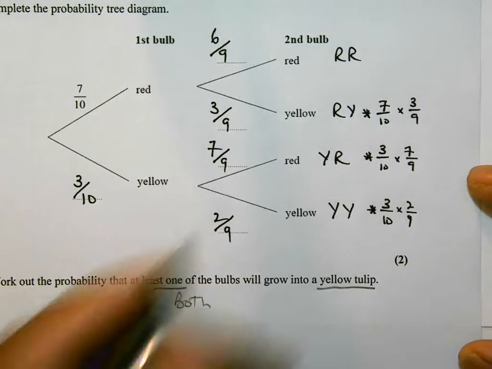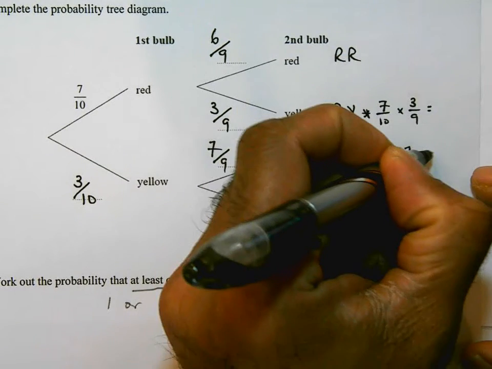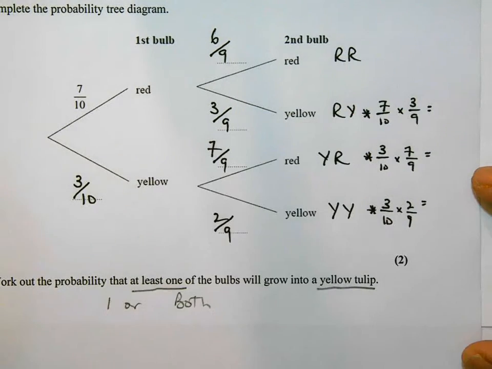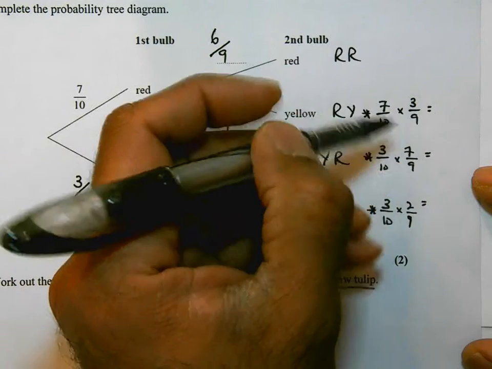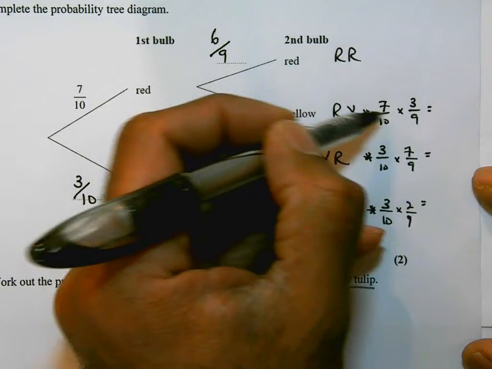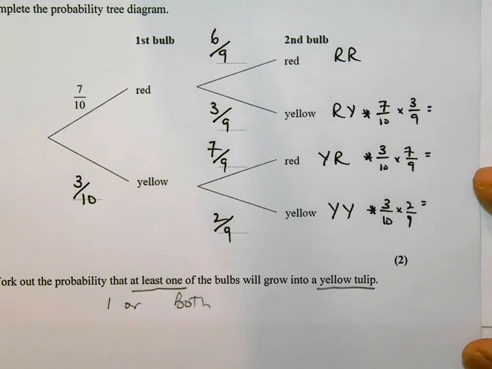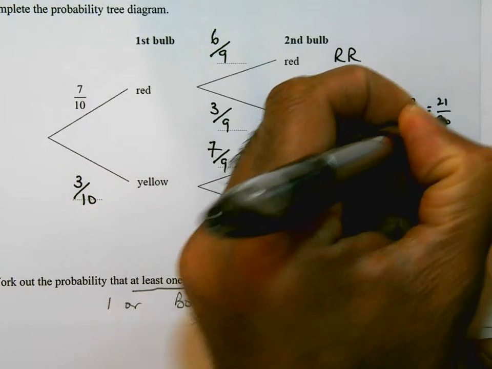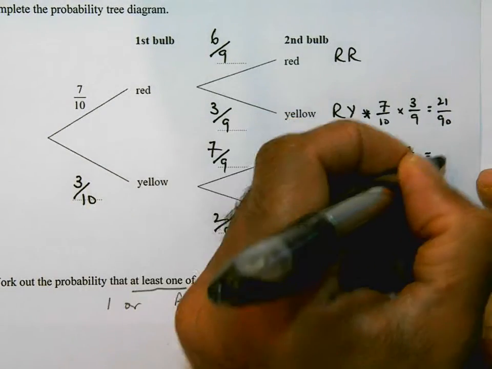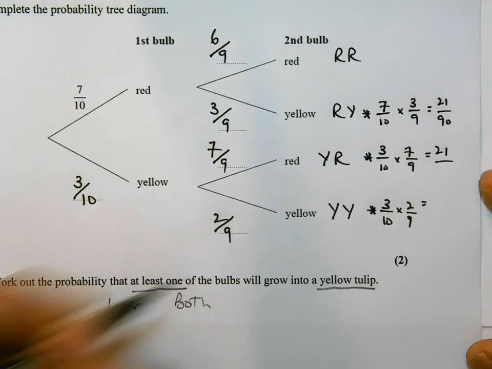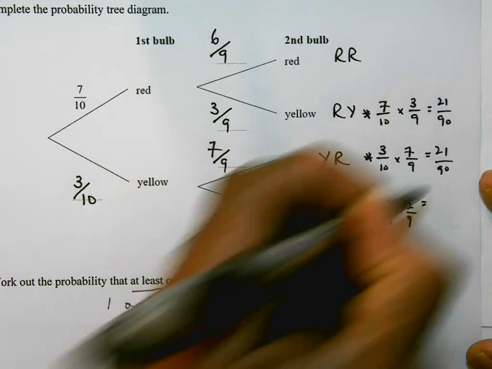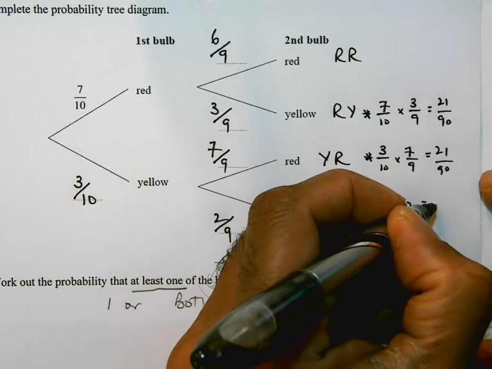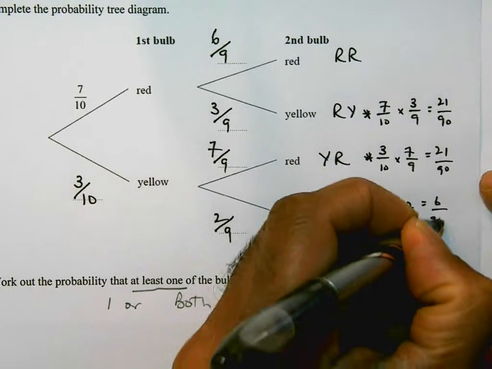Those are the probabilities that I need to multiply together and then add them all up. So 7 over 10 times 3 over 9, remember, times the numerators, times the denominators, I'll get 21 over 90. The next one, 3 times 7, 21, 10 times 9, 90. The next one, 3 times 2 is 6 over 90.